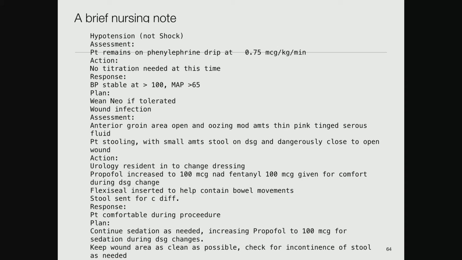Wean them from this drug, presumably, if it's tolerated. Wound infection, so anterior groin area open and oozing, moderate amounts of thin pink tinged serous fluid, patient stooling with small amounts of stool on something and dangerously close to the open wound, etc.